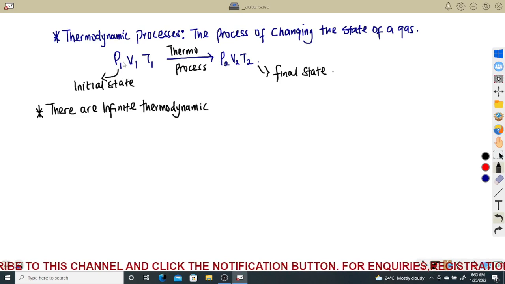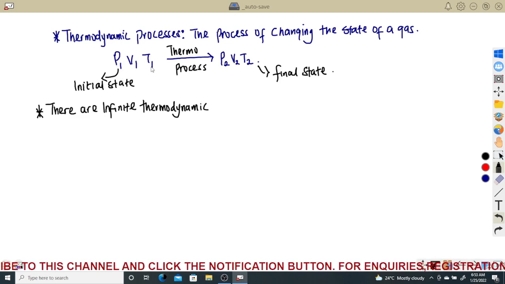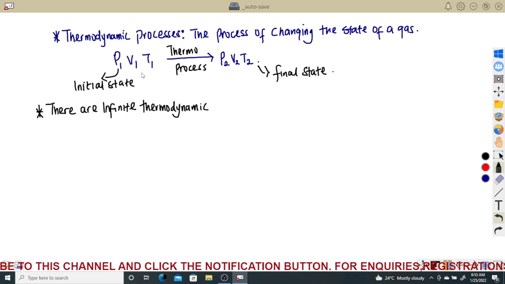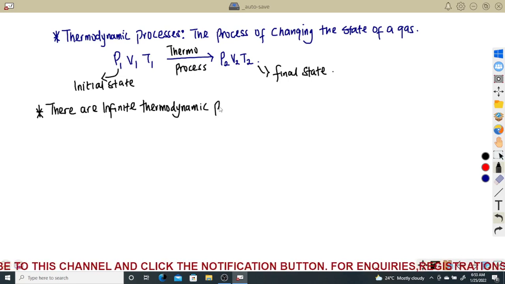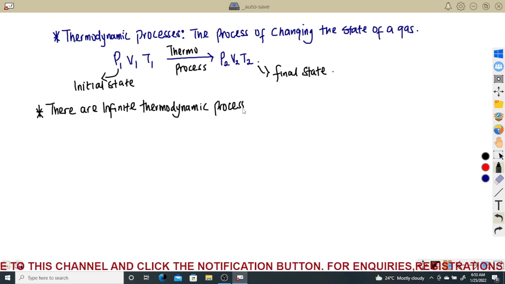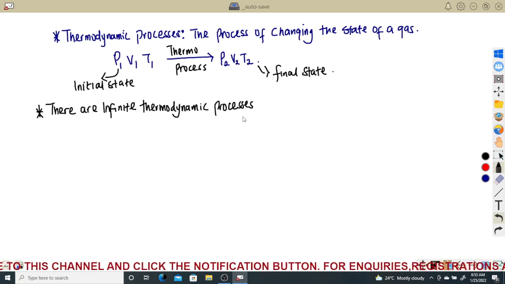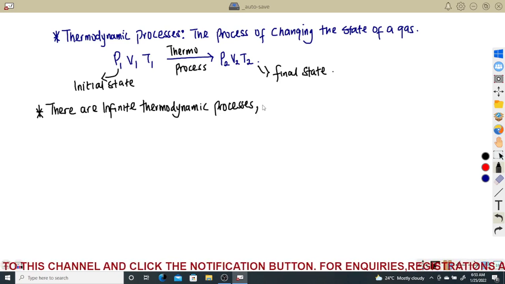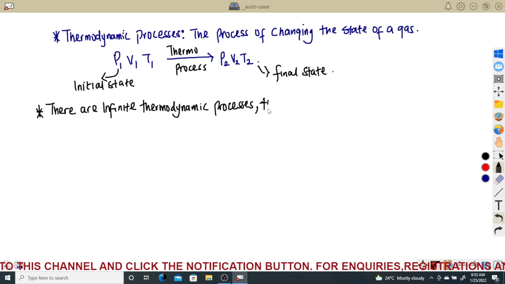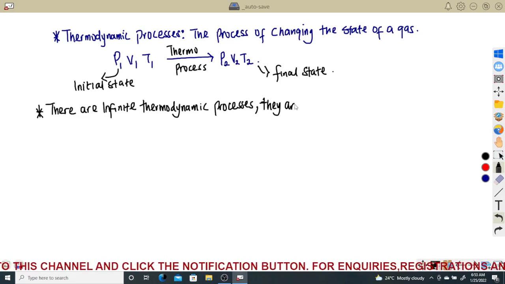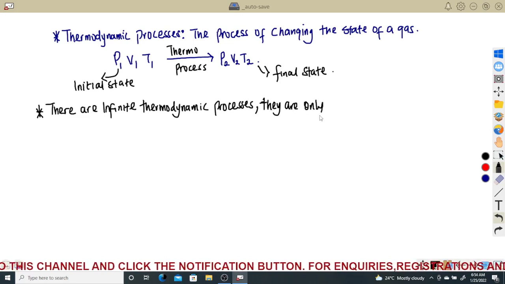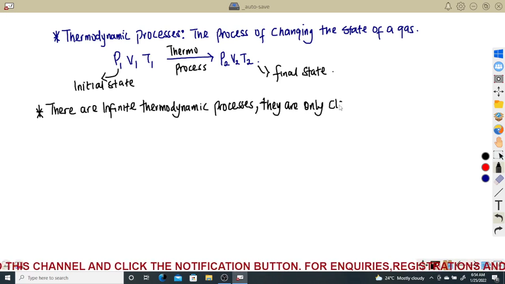That is, the pressure, volume, and temperature can change from one state to the other in an infinite number of ways. But in physics, they are only classified into two.